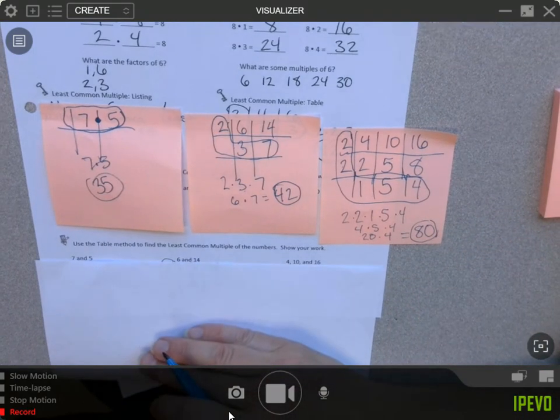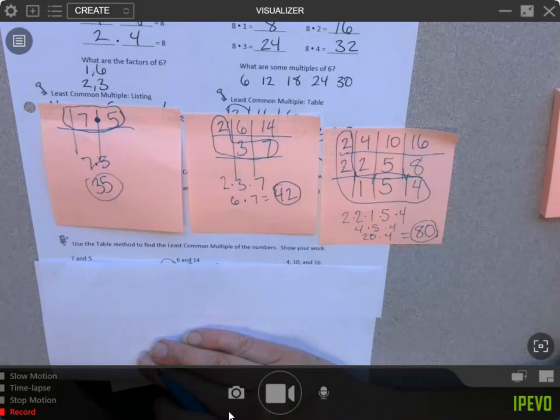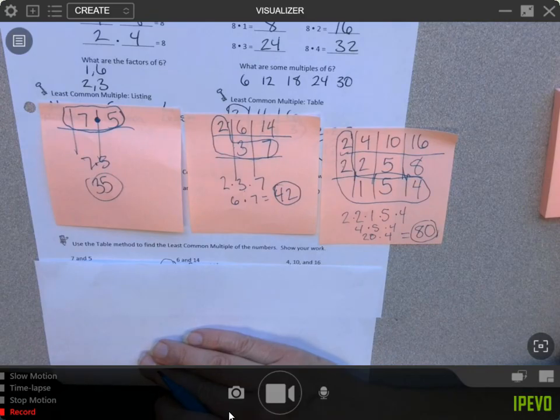So instead of having to list out all the multiples of 4 all the way up to 80, that might take a while. The table method can help it go a little bit quicker. Okay, it won't take quite as long.